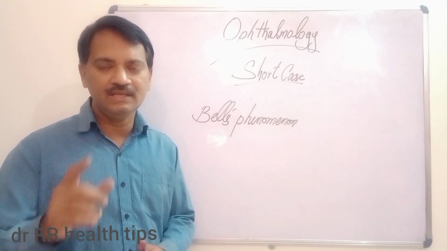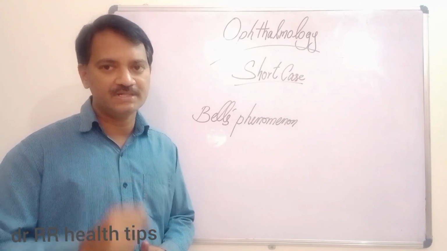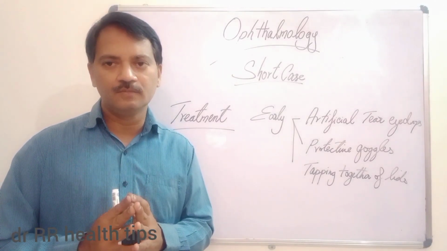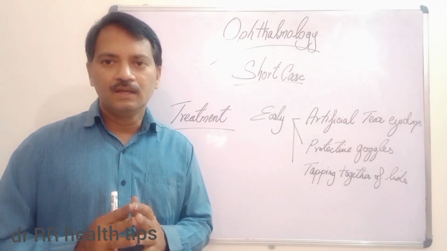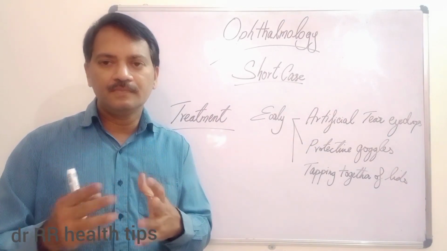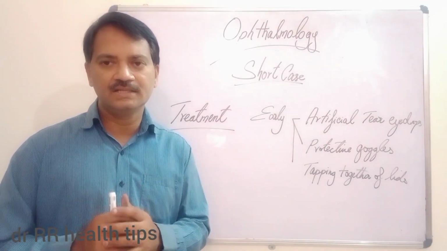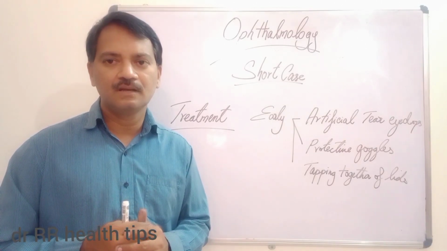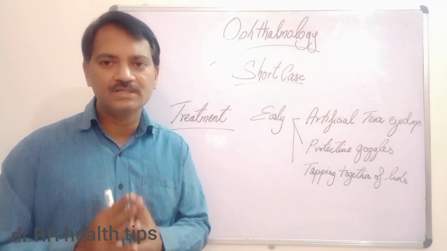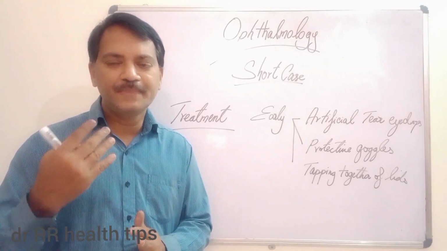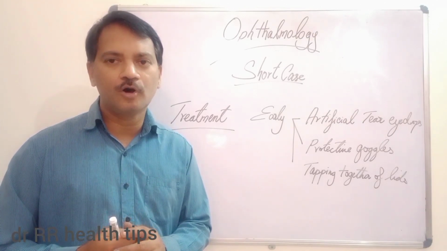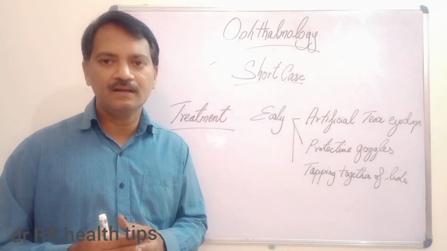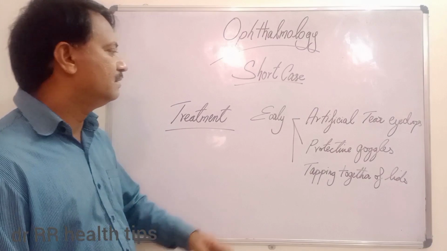Now let us see how to treat this patient. Coming to the treatment of this lagophthalmos, if the problem is in the initial stages, that is the patient has had a facial paralysis only for a very short duration and you are expecting the facial nerve to become normal within a few days or few months, then we can try the following things.